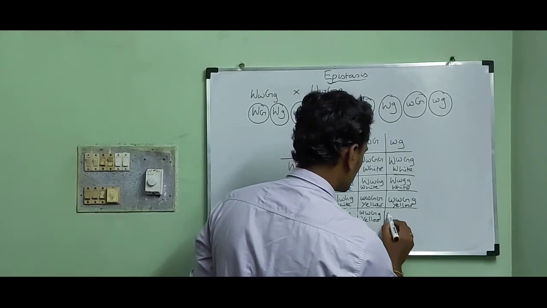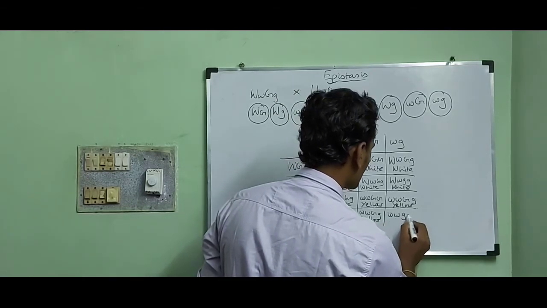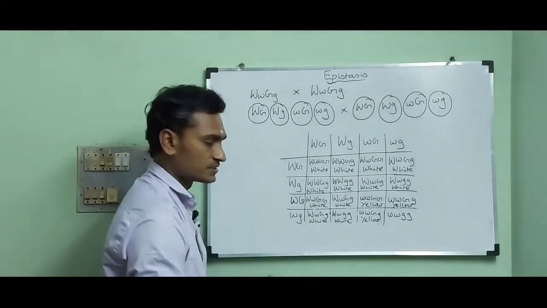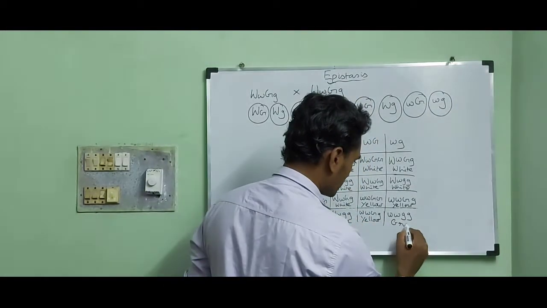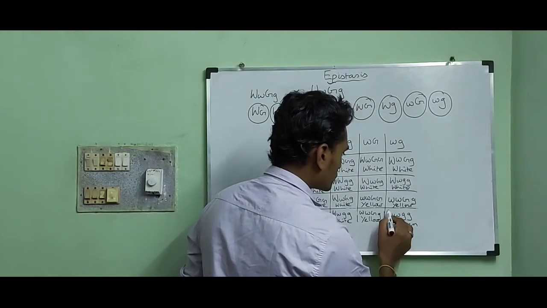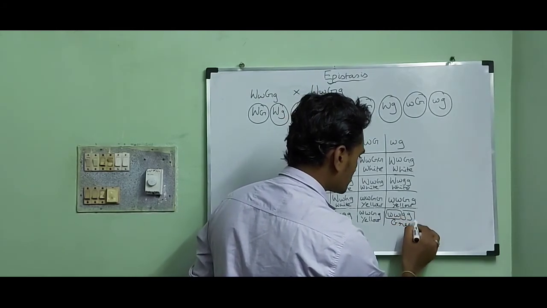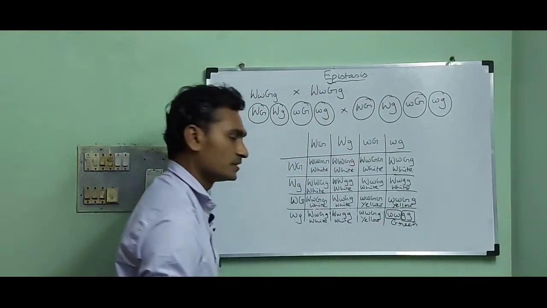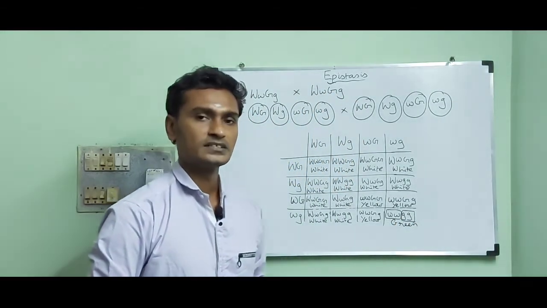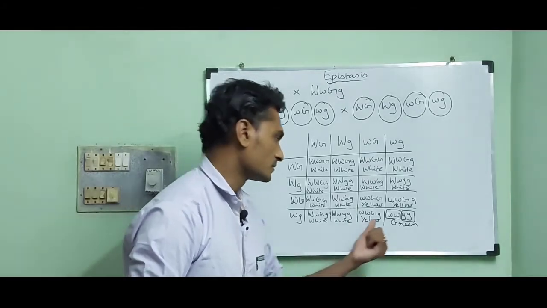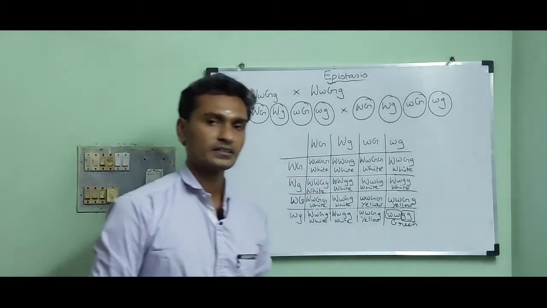Then small w, small g results in green color, because the epistatic gene and the hypostatic gene are in homozygous recessive condition. So the fruit color will be green.